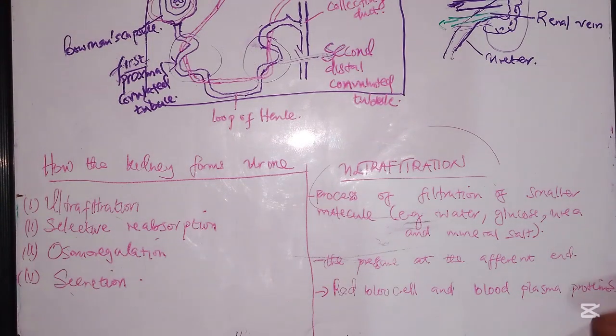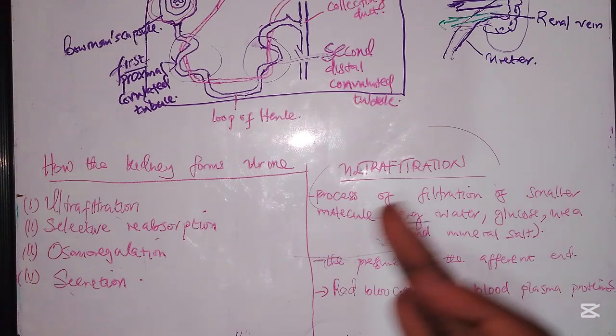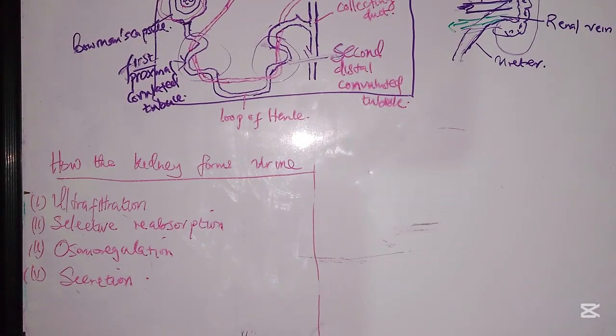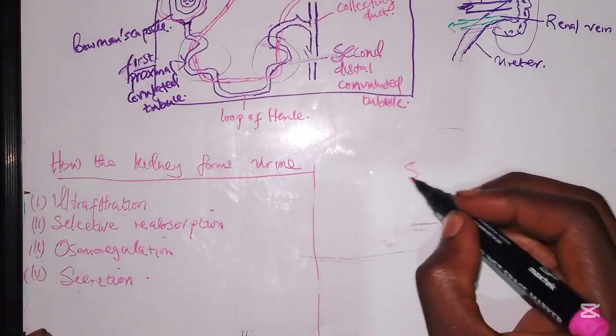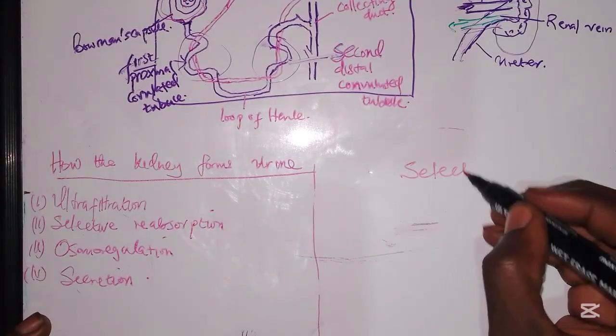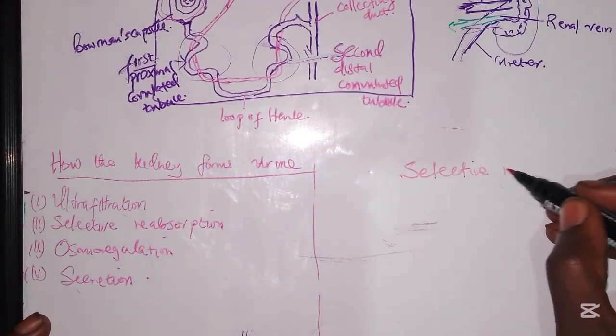So the next process we are going to discuss is selective reabsorption. So this is the process now where useful nutrients are reabsorbed back to the what? To the blood vessel. Okay, so moving on to our second stage, which is selective reabsorption.